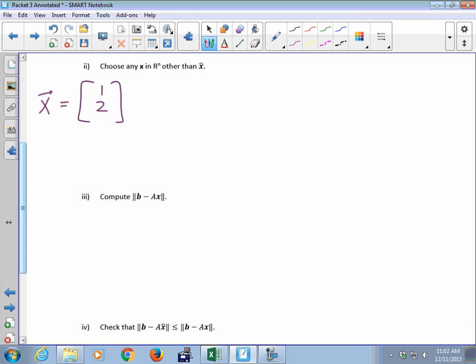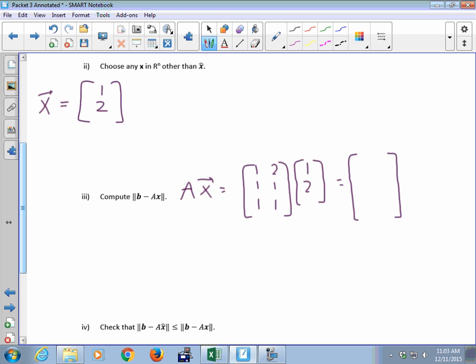So I need to calculate Ax first. That's the matrix with rows (1, 2), (1, 1), (1, 1) times (1, 2). This should come out as a 3 by 1. So 1 plus 4 is 5, and 1 plus 2 is 3, giving (5, 3, 3).